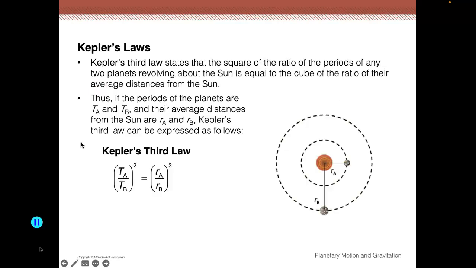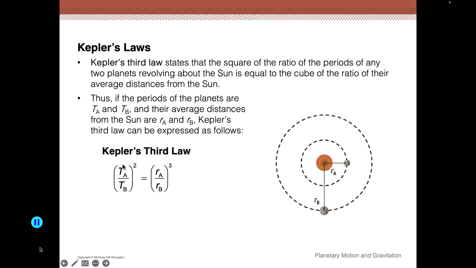Okay. And then Kepler's third law states that the square of the ratio of the periods of any two planets revolving about the sun is equal to the cube ratio of their average distances from the sun. Thus, if the periods of the planets are TA and TB, and their average distances from the sun are radius A and radius B, Kepler's third law can be expressed as follows.